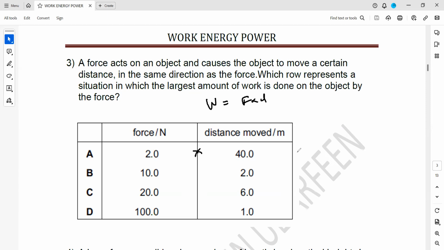So force is 2 and the distance is 40, which makes 80. Force is 10 and the distance is 2, makes 20. Force is 20 and the distance is 6, makes 120. Force is 100 and the distance is 1, so makes 100. So which case has the largest amount of work done? That is C, because the work done is a product of force and distance.